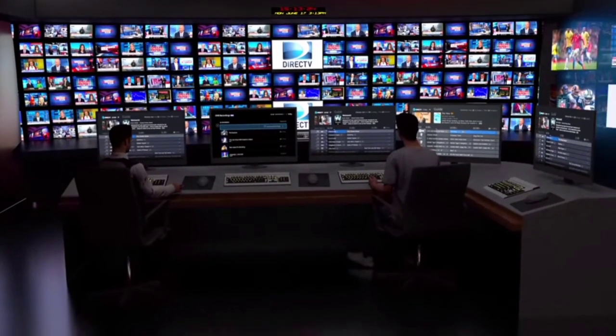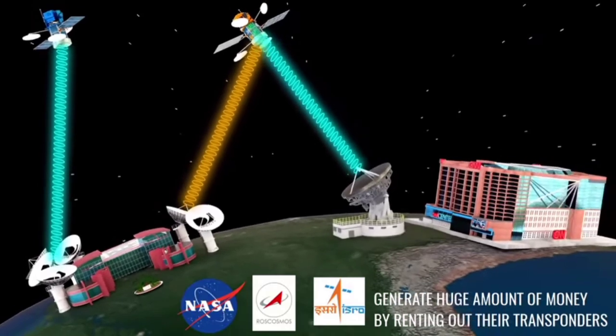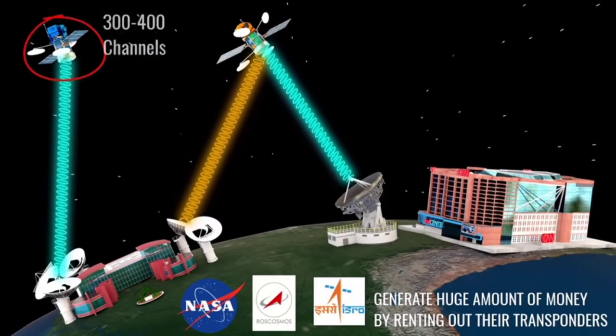After that, the DBS provider beams the signal to their rented transponder in a satellite. A DBS provider rents many transponders to handle the huge amount of data they have to transmit. This way, around 300 to 400 channels will be available on a single DBS provider's satellite.